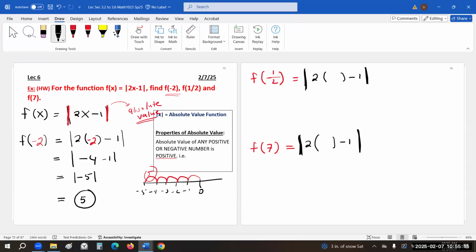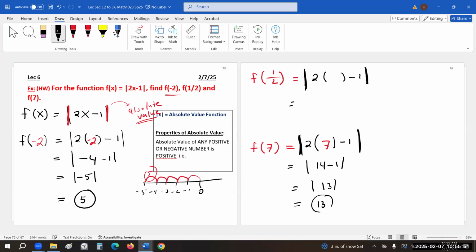13 for what? f of 7 or f of 1/2? 7. So we replace x with 7 here. We get 2 times 7, 14, minus 1, which is 13. And 13 is already a positive number, so when you pull out the absolute value, it's the same, 13. Good job. Who would like to do f of 1/2? 0?